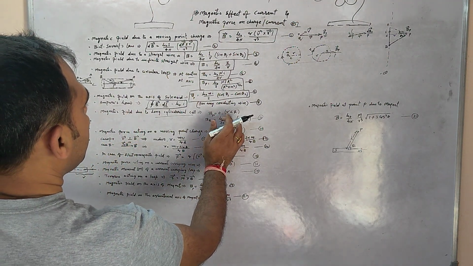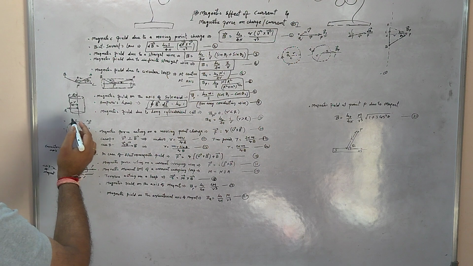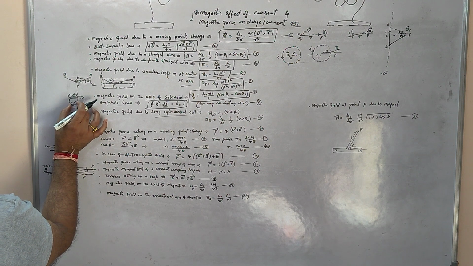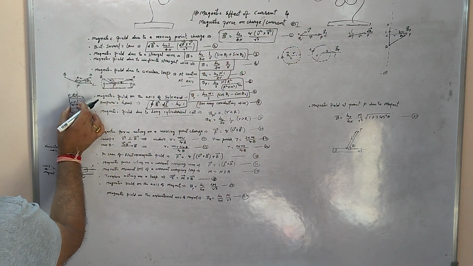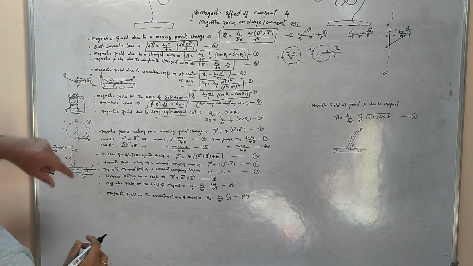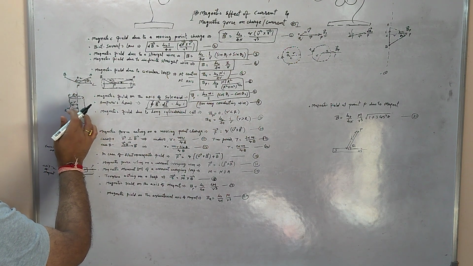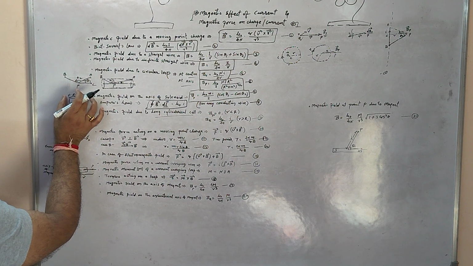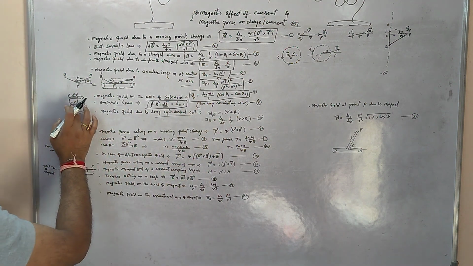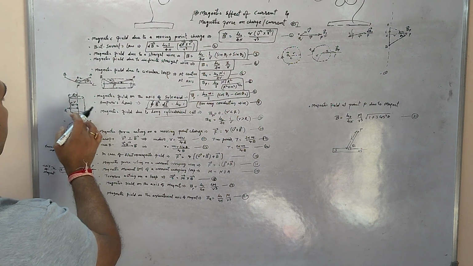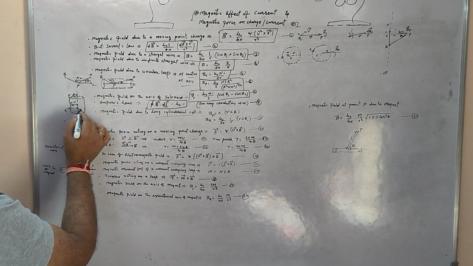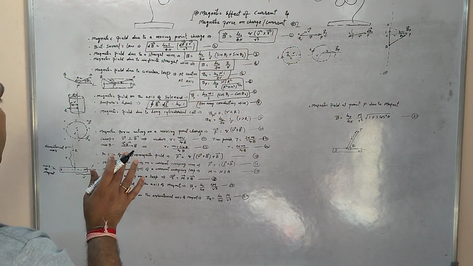So if here is a point P at distance r from the axis, then if r is less than radius R, the magnetic field will be 0 inside this cylindrical cell. Anywhere you take a point inside this, the magnetic field will be 0.